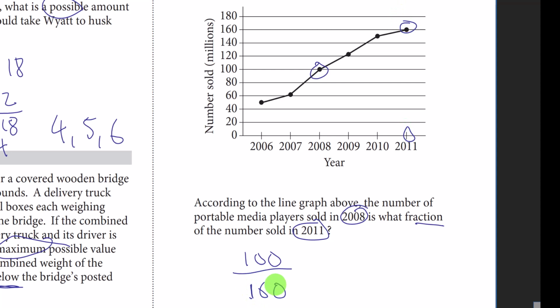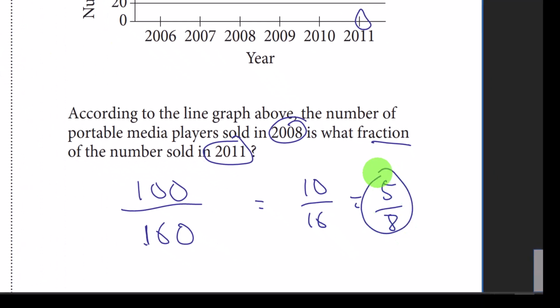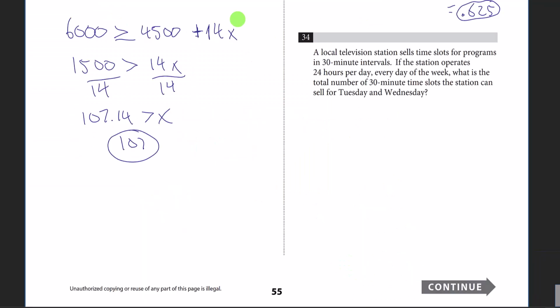So it's 100 over 160. That's just 10 over 16, 5 over 8. Now you can fill in 5 over 8. The other option is to turn this into a decimal, which would get you 0.625. So you can fill in either answer, 5/8 or 0.625. You do not need to have a leading zero. Both those answers would be considered correct.